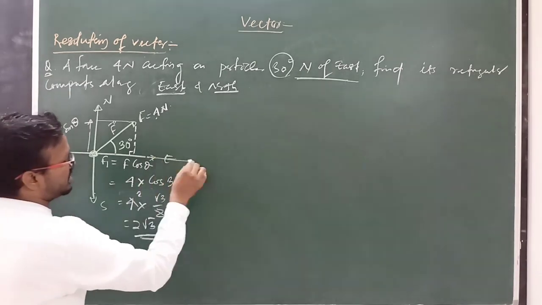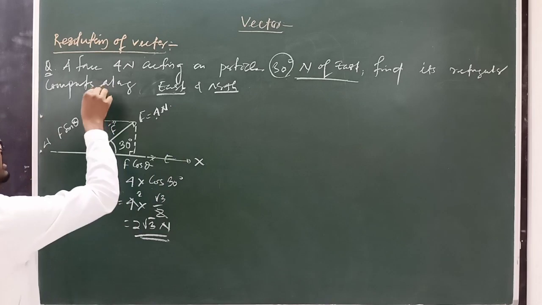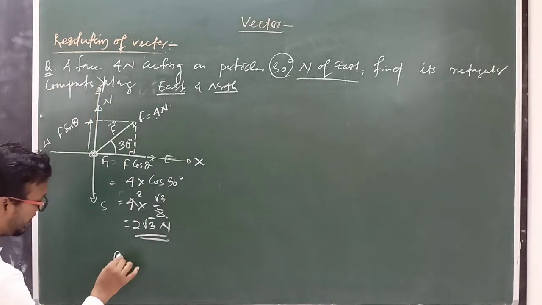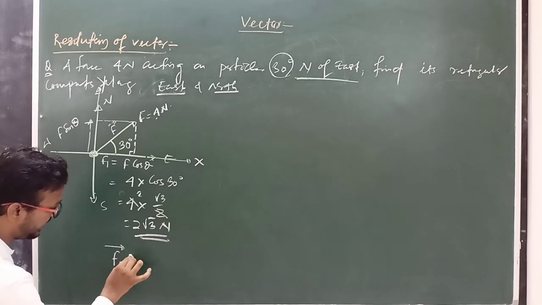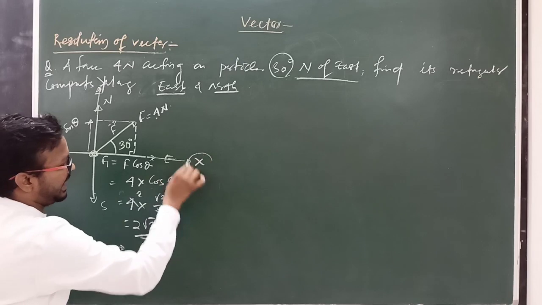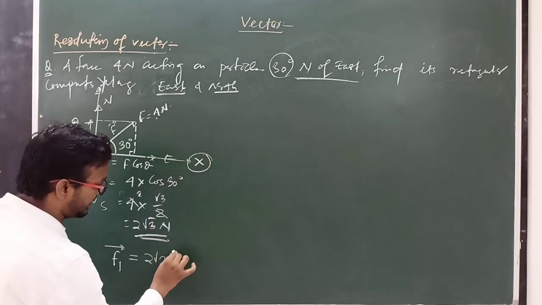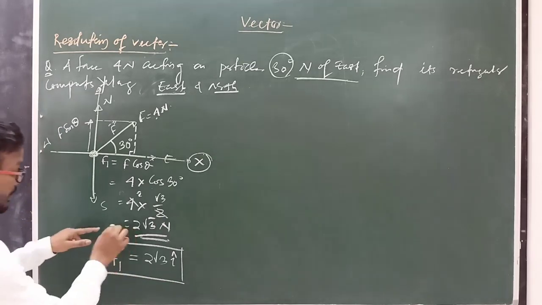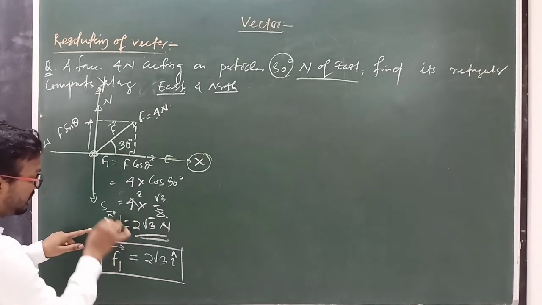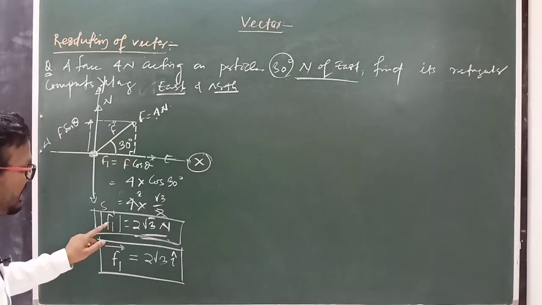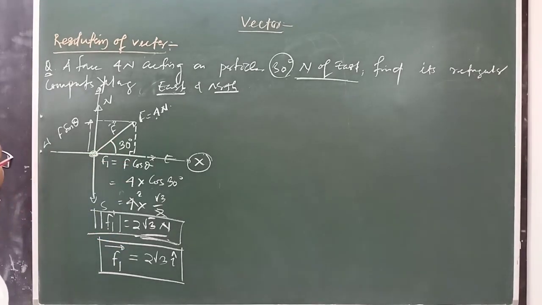Suppose this is the x axis and this is the y axis. Clear? F1 vector can be written as 2 root 3 along the x axis, and the representation of the x axis is i cap. But this is only the magnitude of the component of force along the x axis.